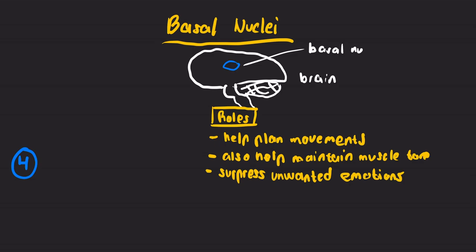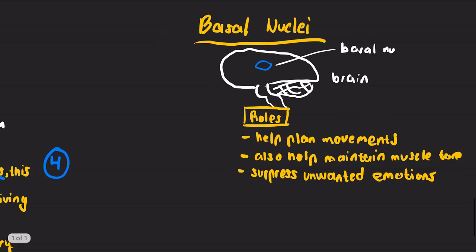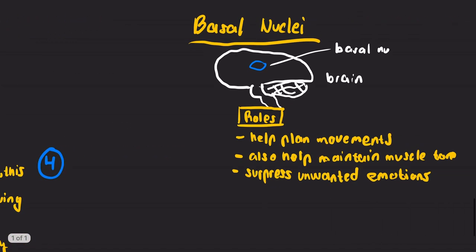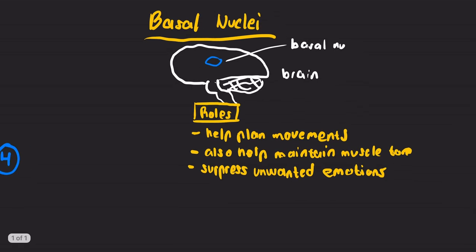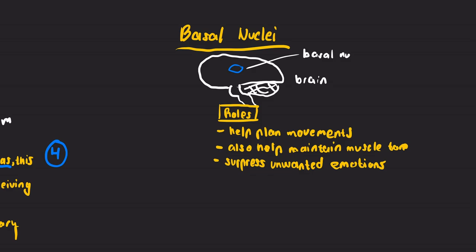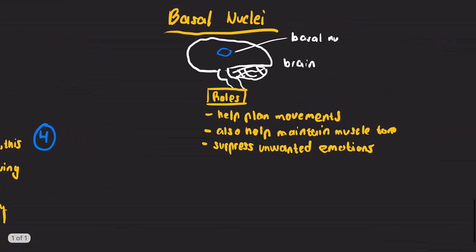It has three main roles. Number one, it helps with planning movements, similar to the cerebellum. It will also help maintain muscle tone, similar to the cerebellum. One distinguishing role it has from the cerebellum is that it helps suppress unwanted emotions.